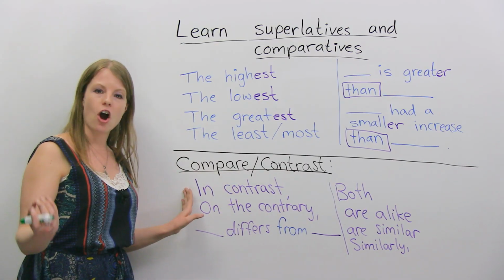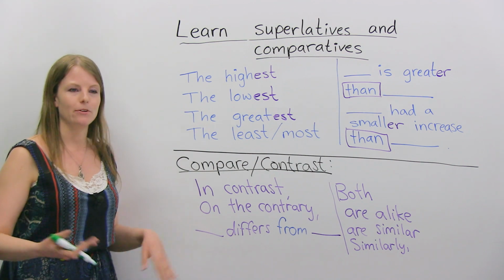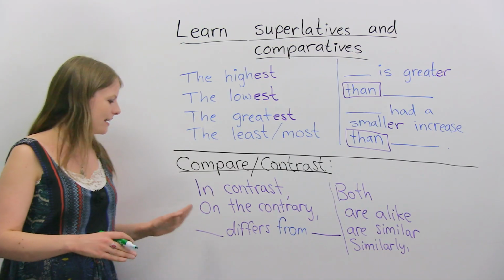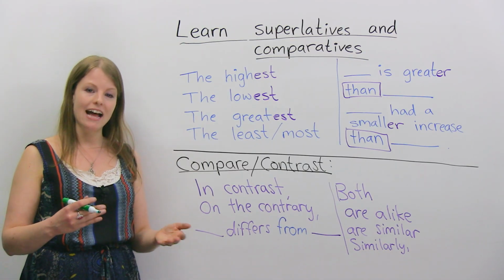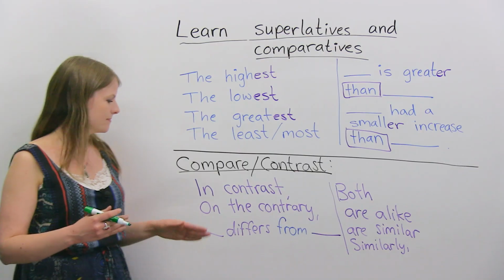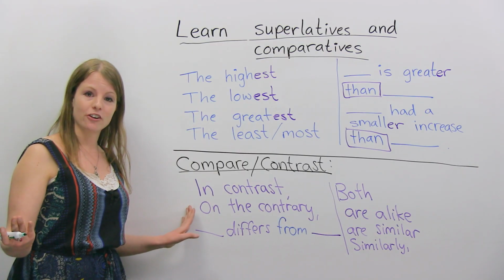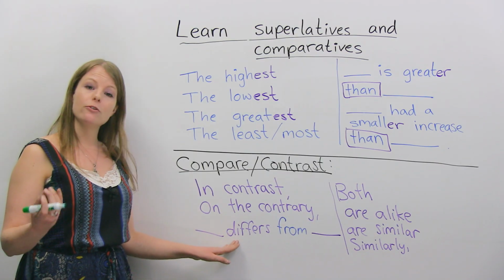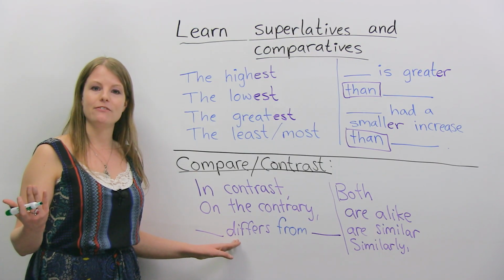You can use the words in contrast. For example, Vancouver has very high housing prices. In contrast, Montreal has low housing prices. You can use the words on the contrary in the same way as in contrast. You can also use the verb form of different.